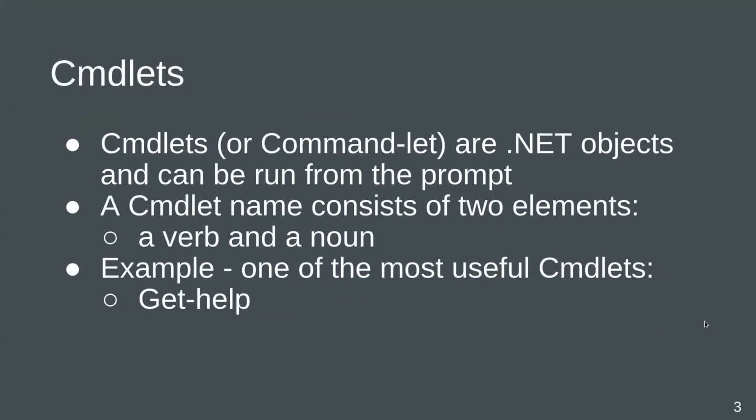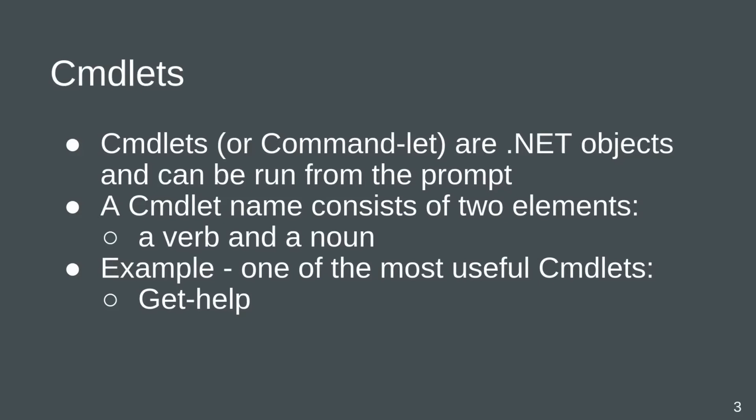Commands in PowerShell are made up of small objects called commandlets. It's written CMD-lets, but it's pronounced commandlet. The commandlets are just small objects, and the commandlet name consists of 2 elements: a verb and a noun.